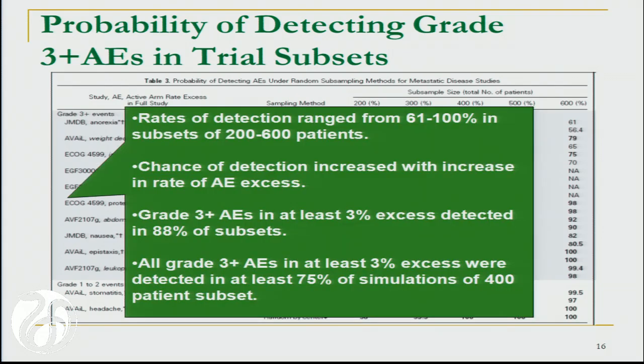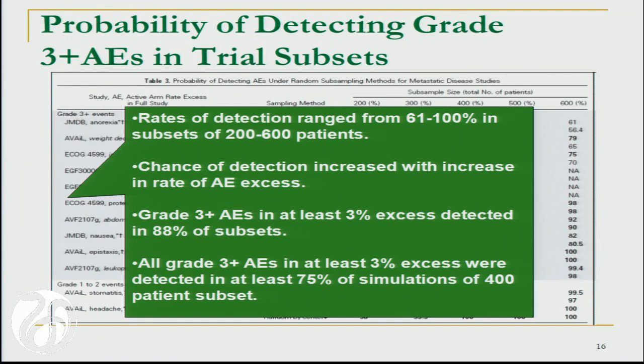And this slide you can't read, but I'll summarize it here. So, as you might expect, as we looked at the size of the subset in the study, 200, 300, 400, up to 600 patient subsets, the rates of detection of grade 3 and higher AEs in excess range from about 60% to 100% in subsets of 200 to 600 patients.